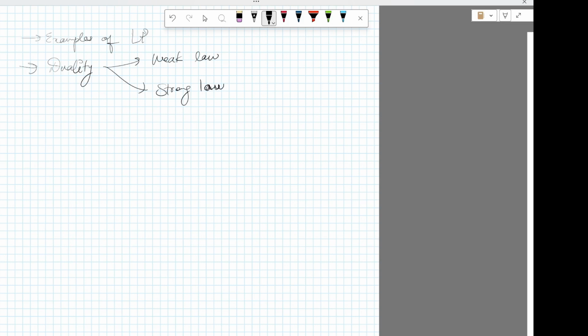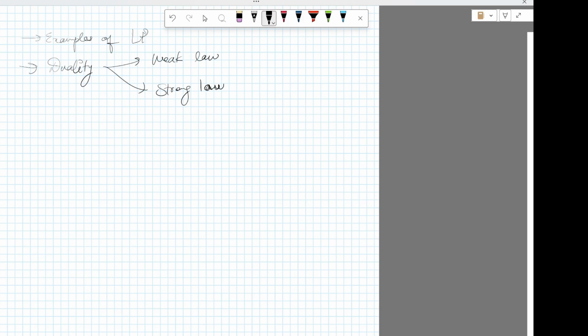So examples of LP is like a problem that you can model as an LP, and duality was basically duality for linear programs.